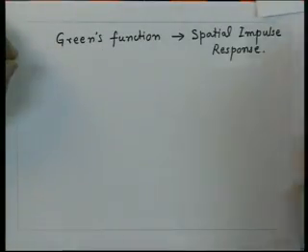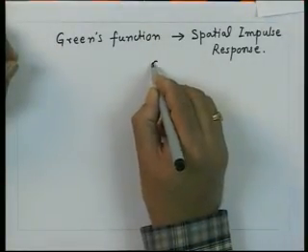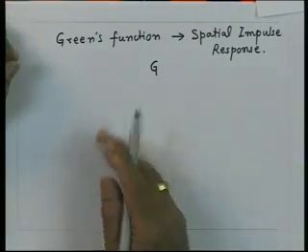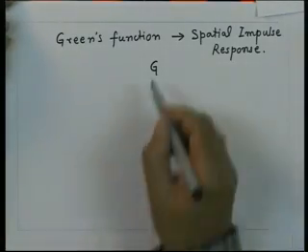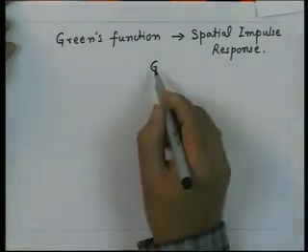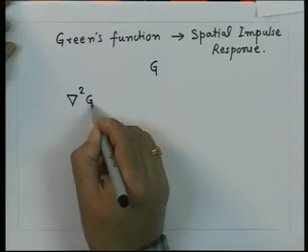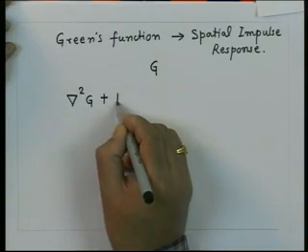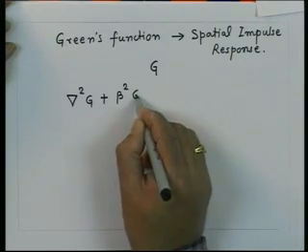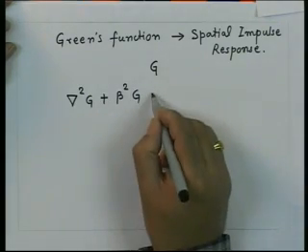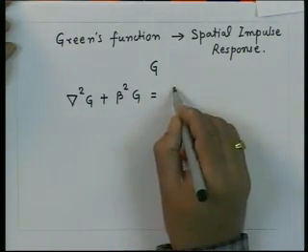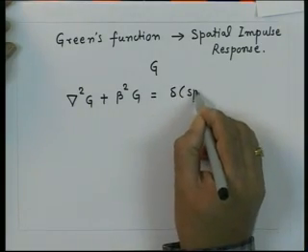So, let us say I denote that quantity by G, which is a function of space. This is the Green's function, and this Green's function should satisfy the equation del square G plus beta square G, that is equal to the delta function in space.